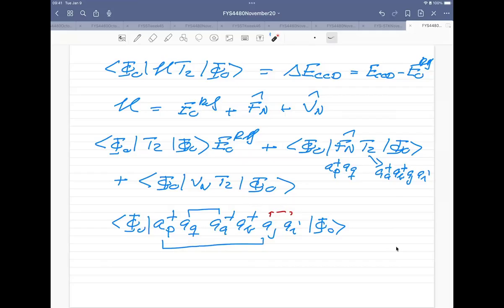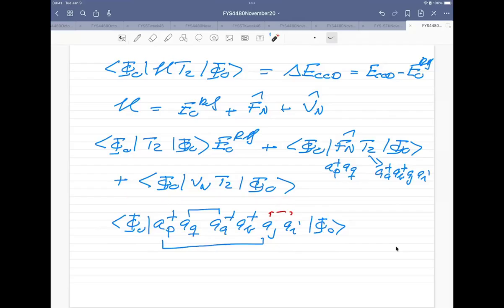If I look at what I have here, this one and that one creates a one-particle, one-hole state, which I have to match with a zero-particle, zero-hole state. So irrespective of which one of these contractions we pick, there will always be something which will produce a state here, which is different from the final one here. So this term is going to be equal to 0, and we're only left with that term.